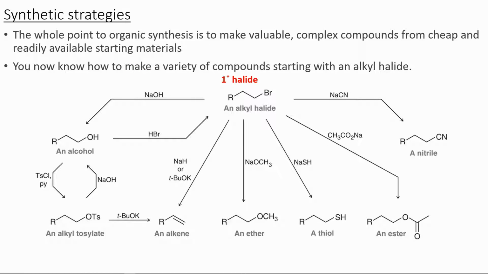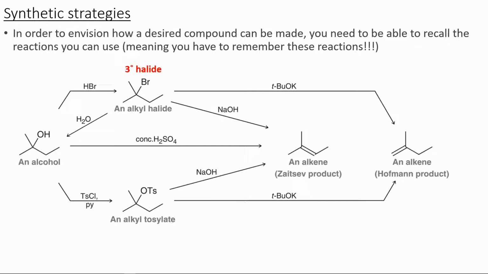As we learn more reactions, we're going to expand upon the size of this web. In order for us to identify, for example, if we want to make a specific compound, we have to remember all of these different reactions that we could use to convert one material to another.